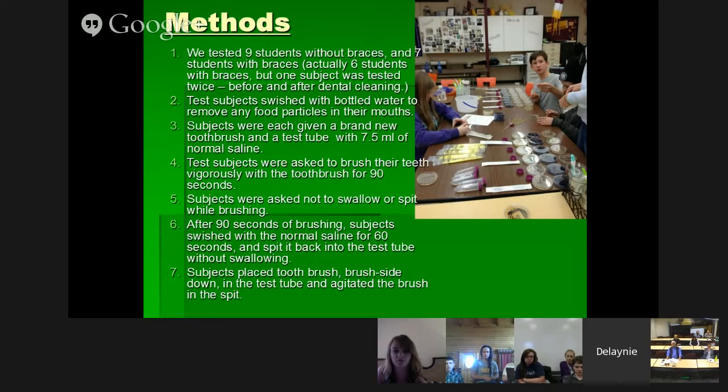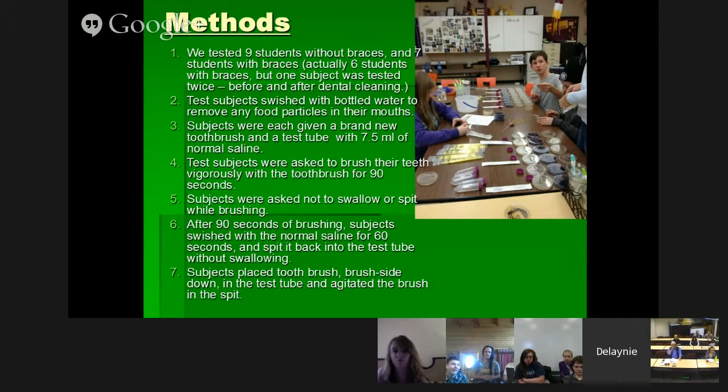Then they were each given a brand new toothbrush that I got from my dentist office and a test tube with 7.5 milliliters of normal saline. They were then asked to brush their teeth vigorously with the toothbrush for a minute and a half. They were asked to not swallow or spit the saline while brushing.